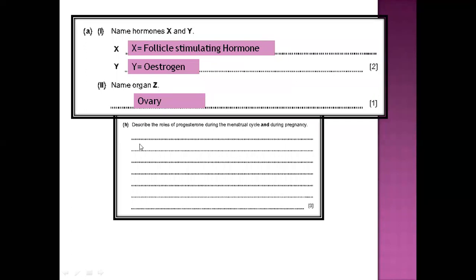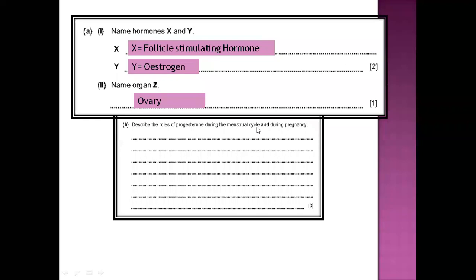Now, another question we have: describe the roles of progesterone during the menstrual cycle and pregnancy. So what should be the role of this hormone? The first thing is, progesterone is secreted after ovulation, by the corpus luteum.